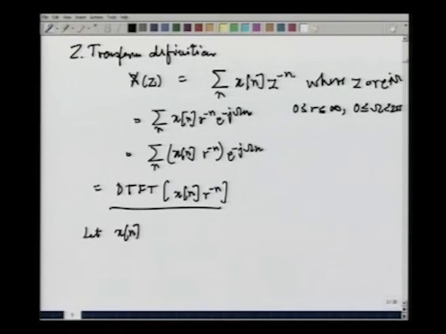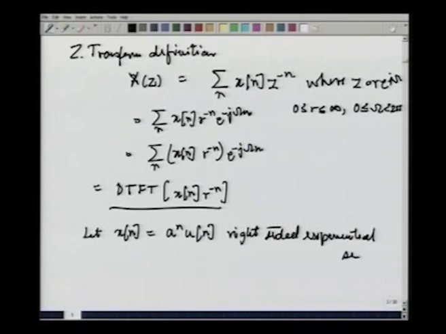x[n] be equal to a to the n u[n], which is a right sided exponential sequence. We have this right sided exponential sequence.